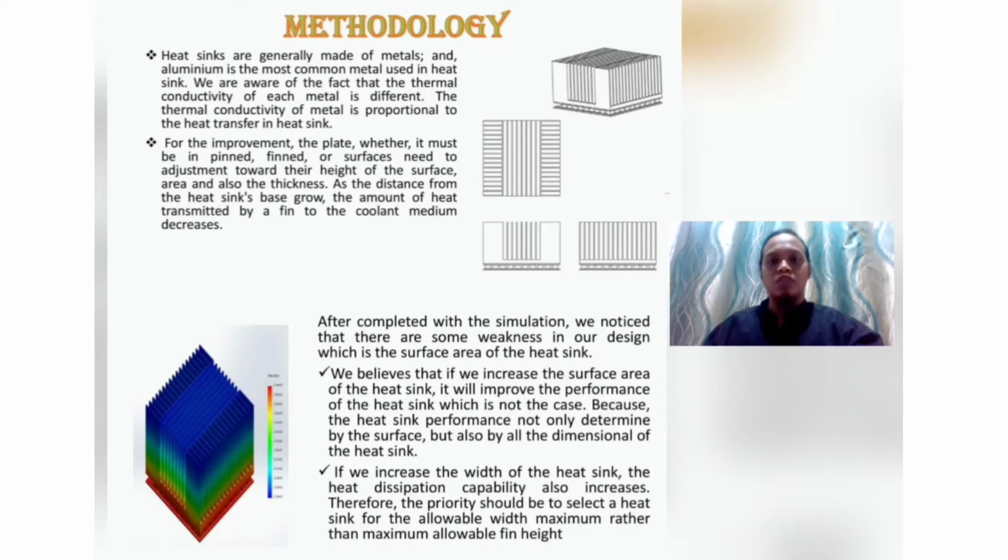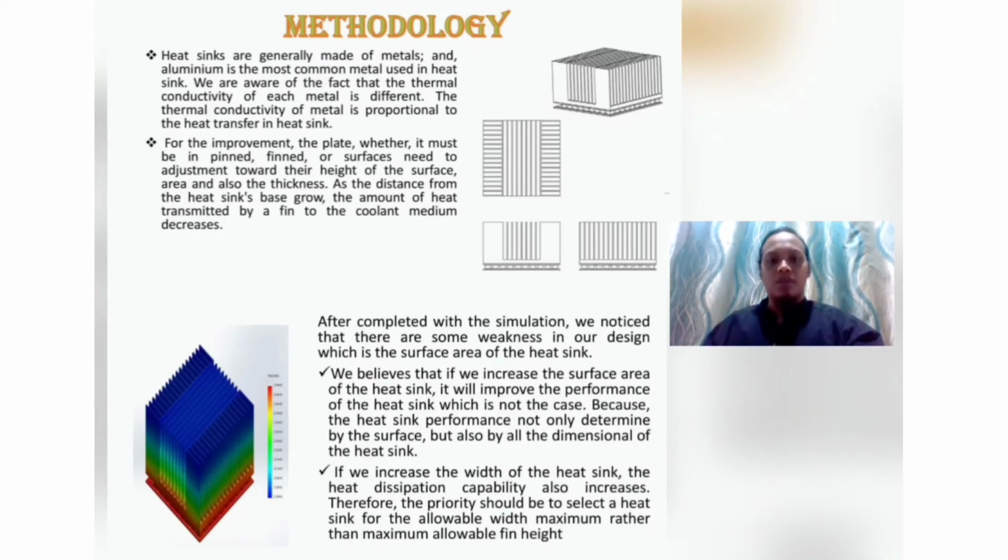After completing the simulation, we noticed that there are some weaknesses in our design, which is the area of the heatsink. We believed that if we increase the surface area of the heatsink, it would improve the performance, which is not the case, because heatsink performance is determined not only by the surface area but also by all the dimensions of the heatsink.